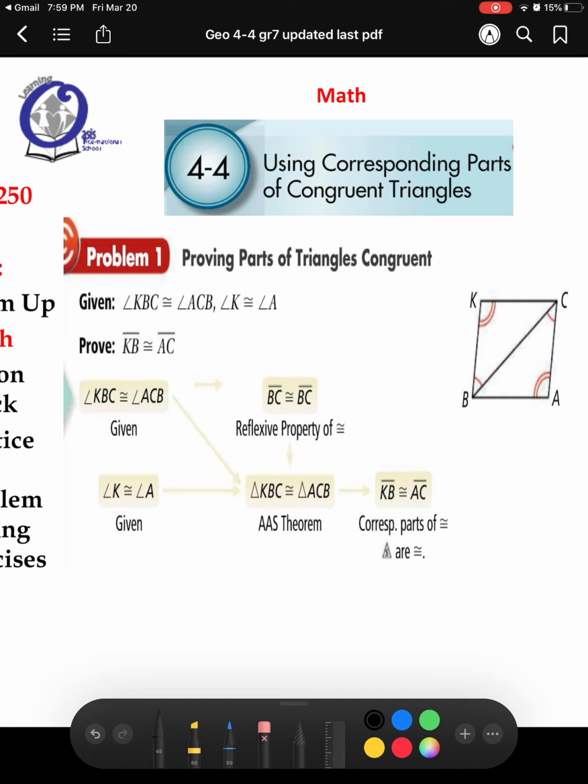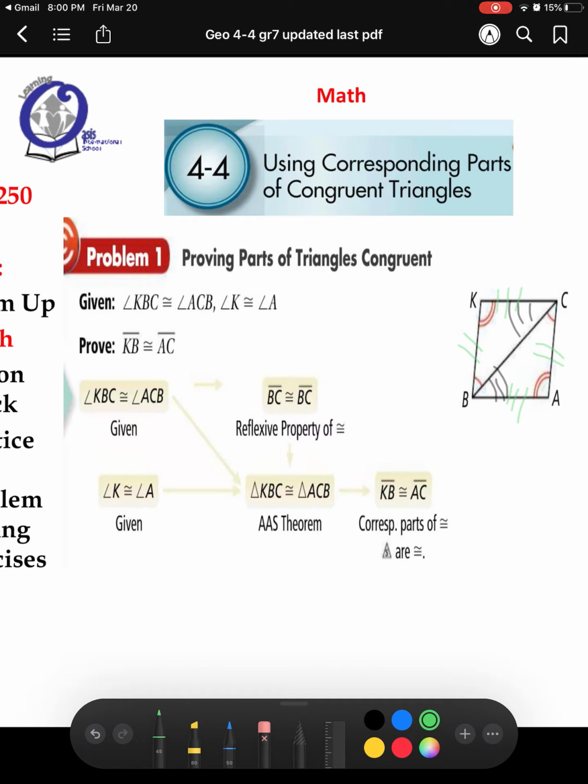So I can say that the left angle corresponds to the left angle, right? And I can say that this side is congruent to this side, and this side is congruent to this side.